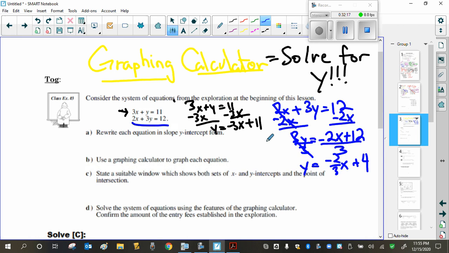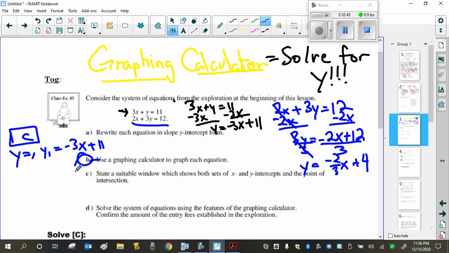Okay, so you're going to now go to your graphing calculator, and that's my symbol for calculator. So you're going to press your y equals, and then in y1, you're going to put in negative 3x plus 11. Don't forget your X button is right beside the green alpha button.